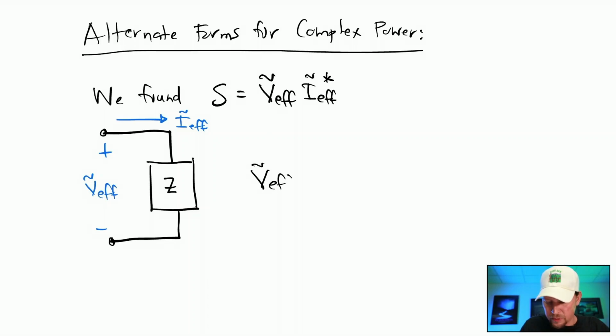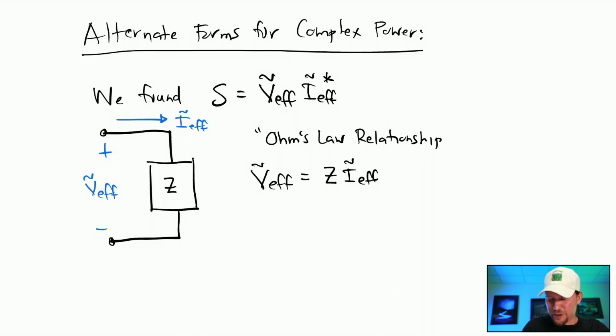Well, the effective voltage is equal to the impedance times the RMS current like this, right? So this is the Ohm's law relationship. And notice that I'm actually putting this in parentheses. It's much more than Ohm's law, right?